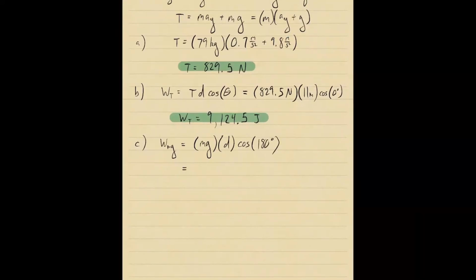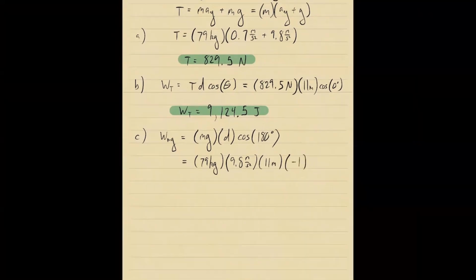And so now we just have to plug some stuff in. The mass is 79 kilograms. g is 9.8 meters per second squared. d is the magnitude of our displacement, 11 meters. And cosine of 180 degrees is just -1.